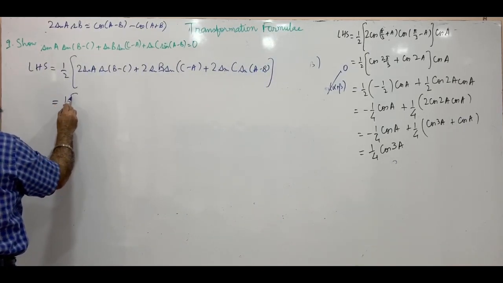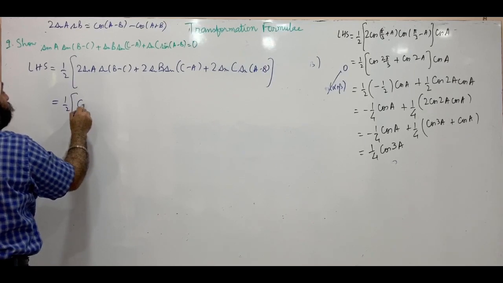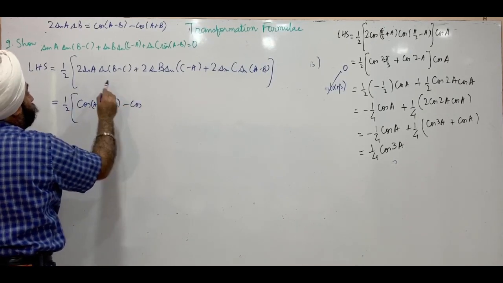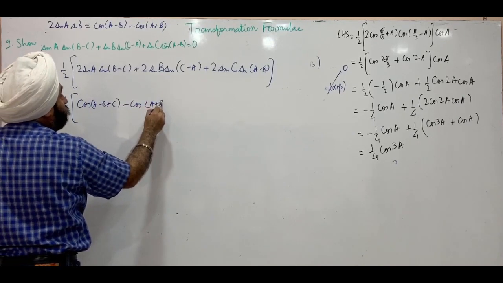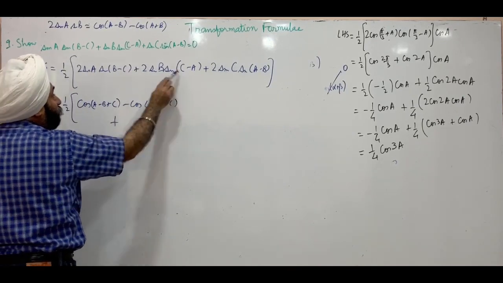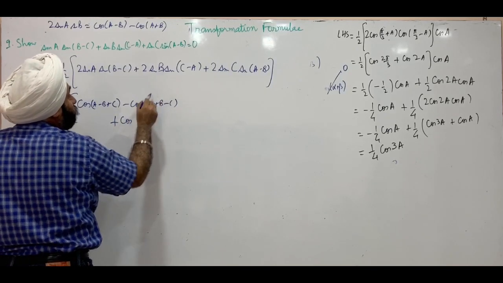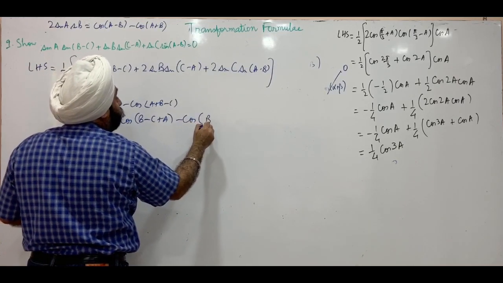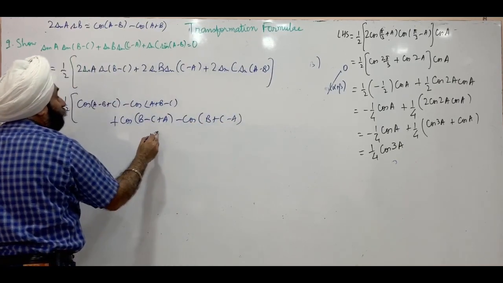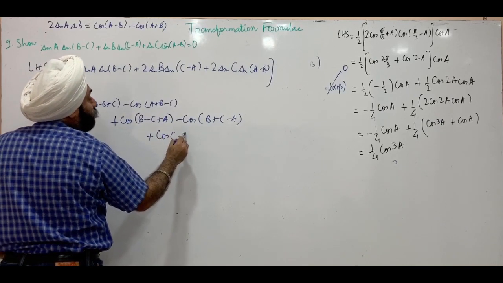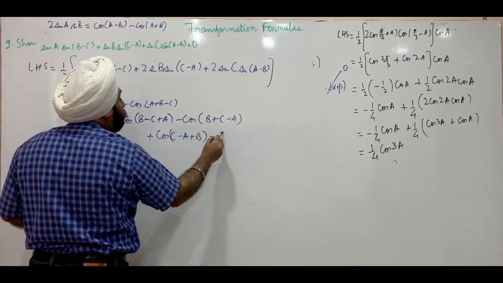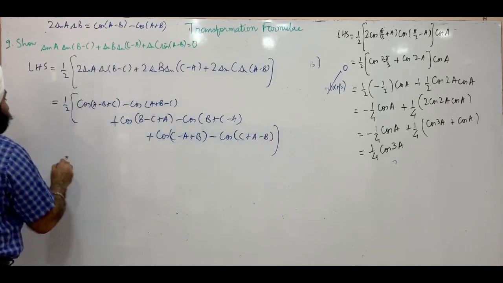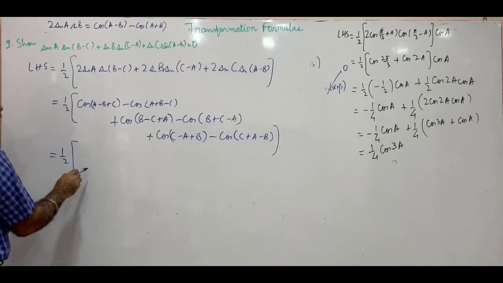This is 1 by 2. Now 2 sin A sin B is cos of A minus B minus cos of their sum, that's A plus B minus C. Same here, this is cos of B minus C plus A minus cos of B plus C minus A, and this is cos of C minus A plus B minus cos of C plus A minus B, and this is 1 by 2.